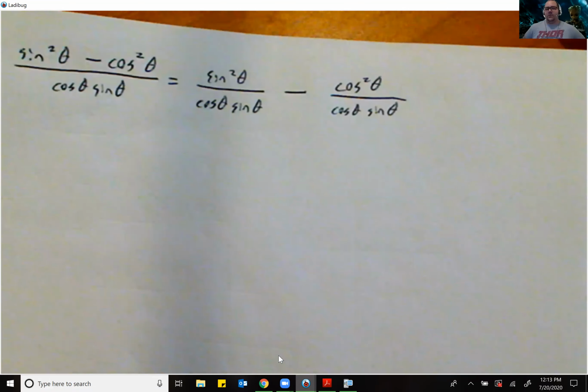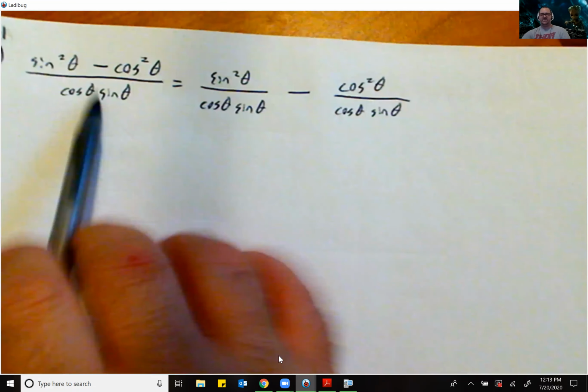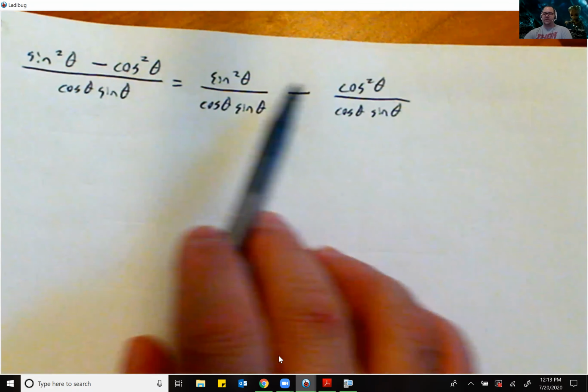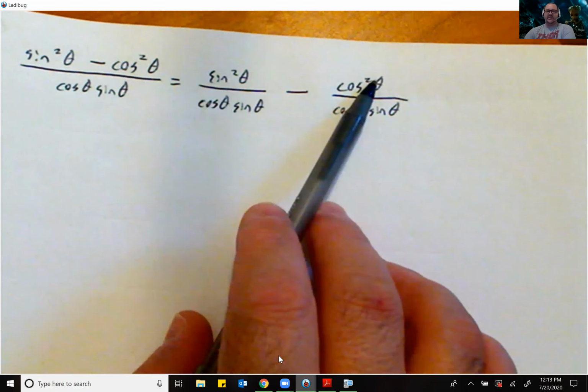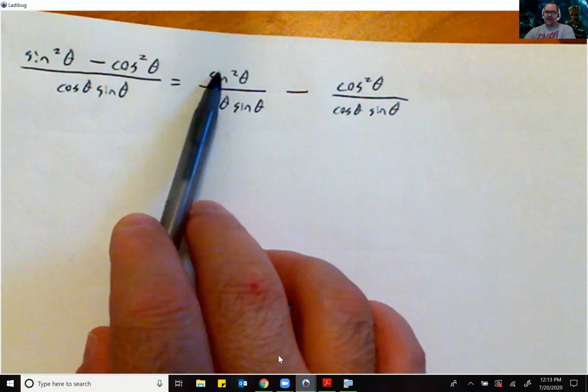And now we can actually do some canceling. We couldn't have canceled before because of the addition and subtraction, but now that we've separated them, there's no more addition and subtraction up in the numerator, so we can do some canceling because we have things that occur from the top and into the bottom.